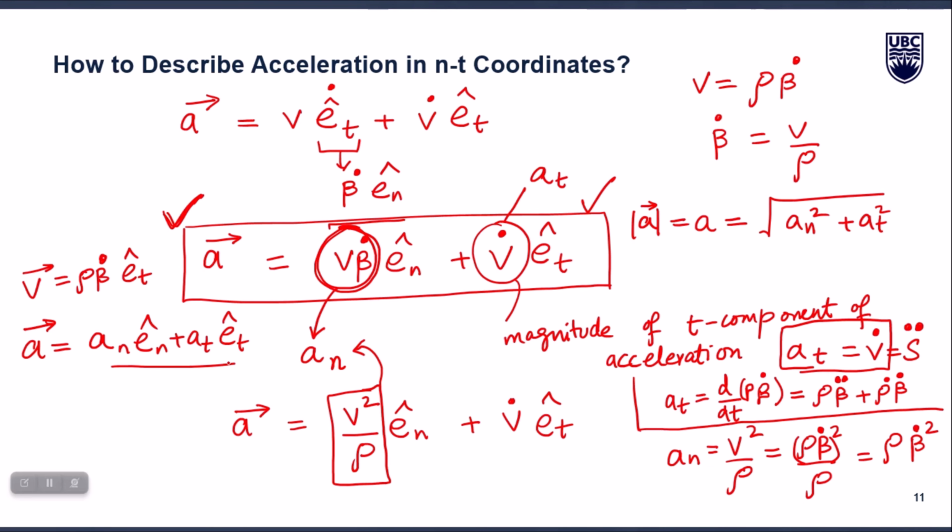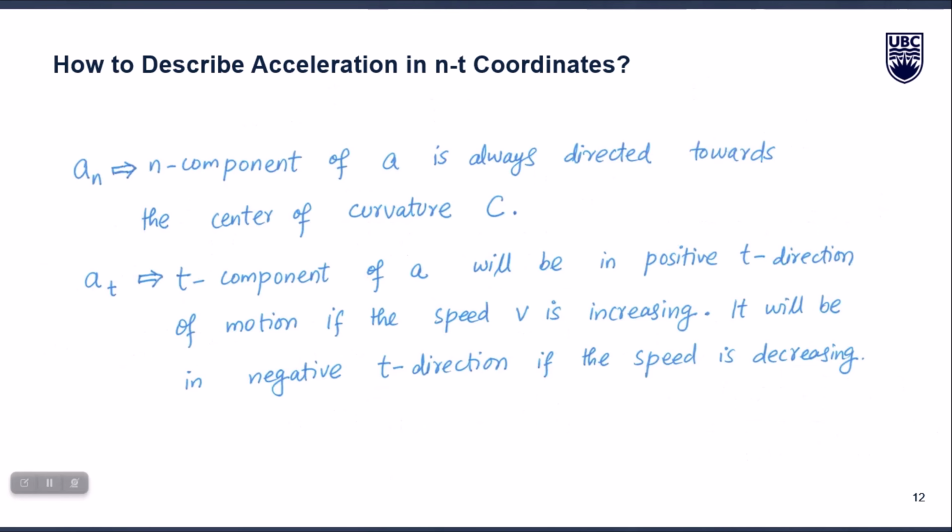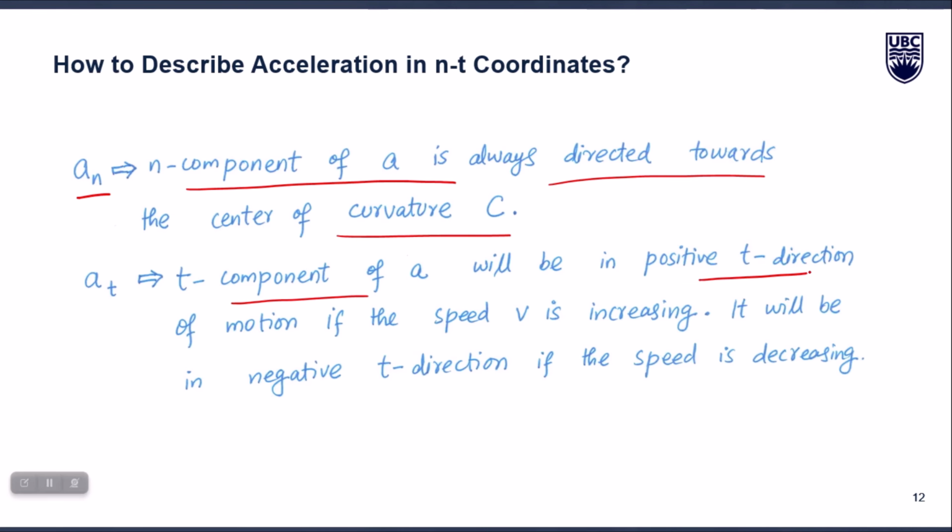So now let's quickly summarize what we have discussed up till now. A sub n is the n component of A. It is always directed towards the center of curvature, right? A sub t is the t component of A, and it will have the direction of positive t when the speed is increasing, and it will have a negative t direction if the speed is decreasing, right?